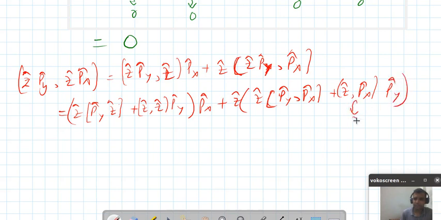This is equal to 0, this is equal to 0, this is equal to 0, and similarly this is equal to 0. So everything comes out to be equal to 0.